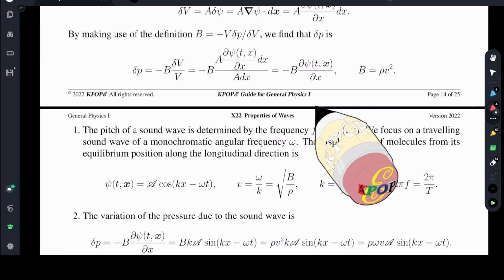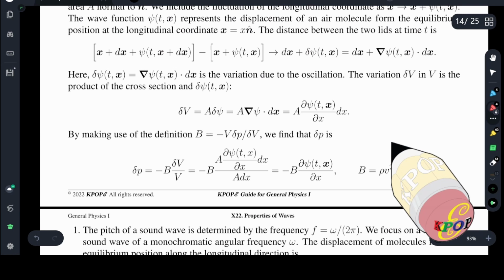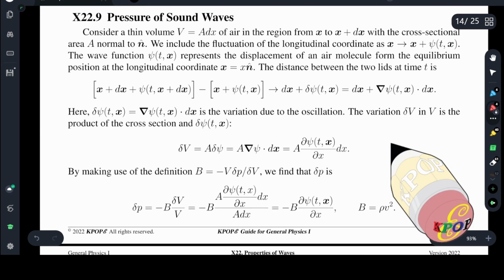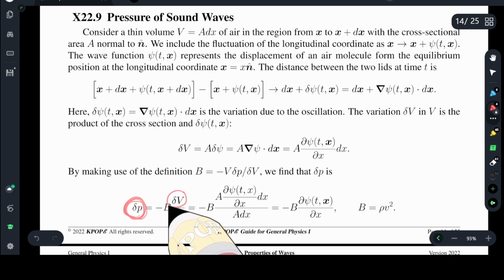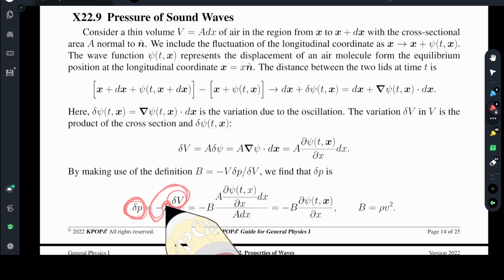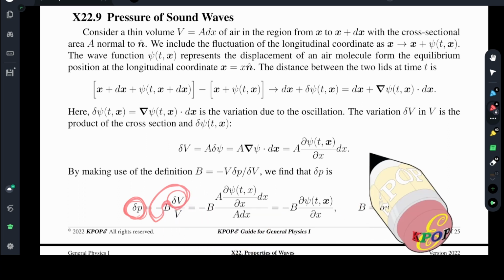The important point here is that a change in pressure results in a change in volume. This is positive, delta V is negative.